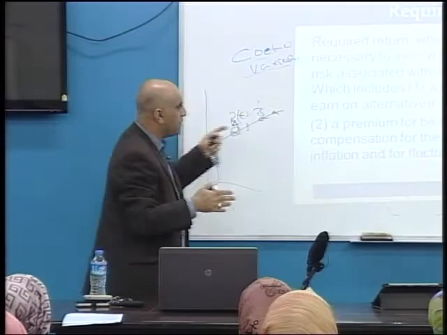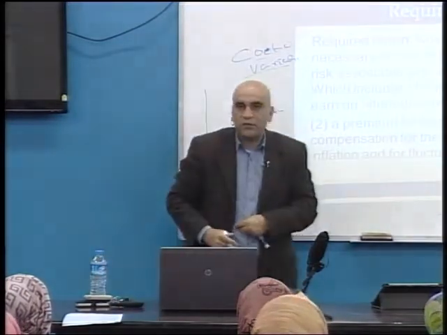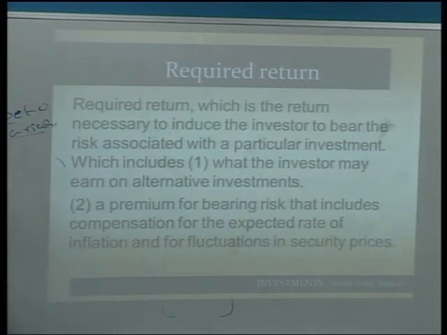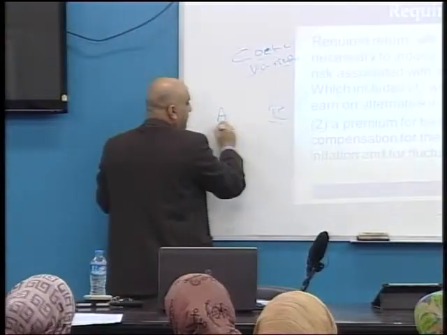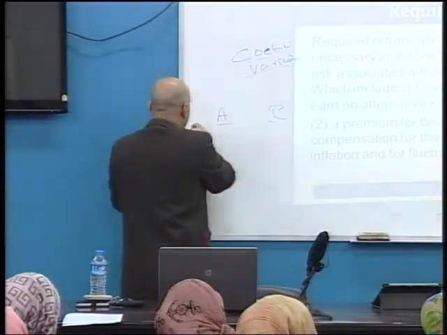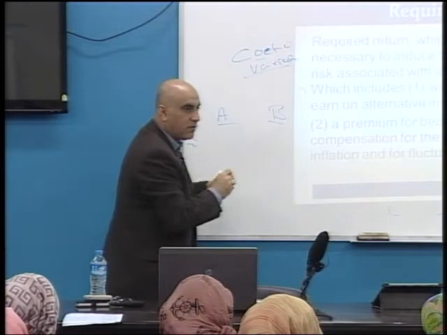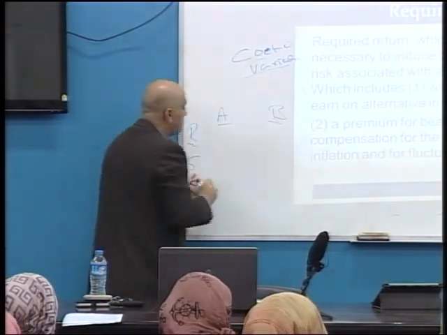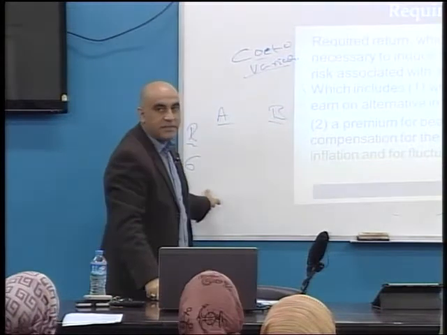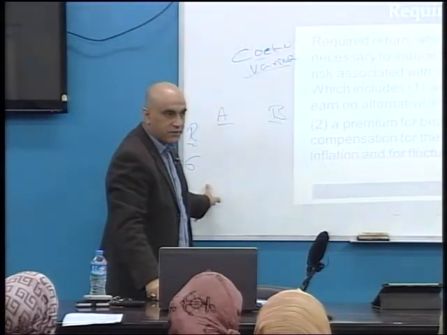I will give you an example of how investors do this. If we have two options, option A and option B, and we have the return of A and sigma of A. Sigma is the standard deviation, which is a measure or a proxy of risk.